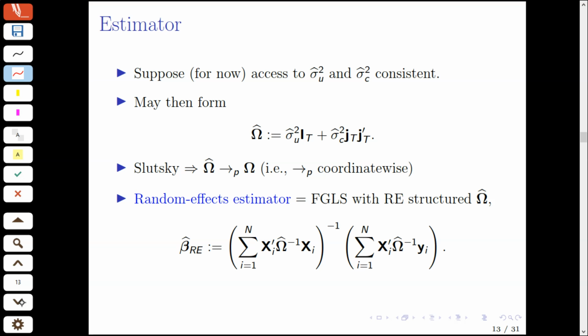But suppose now, at least for the moment, that we were granted consistent estimators of these variance components. That is, we were given estimators sigma squared u hat and sigma squared c hat.